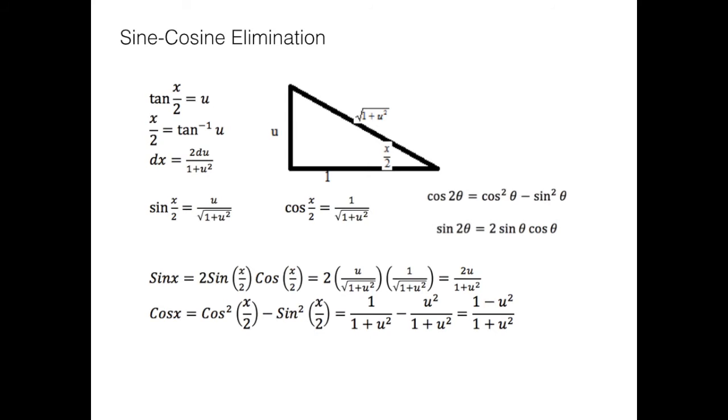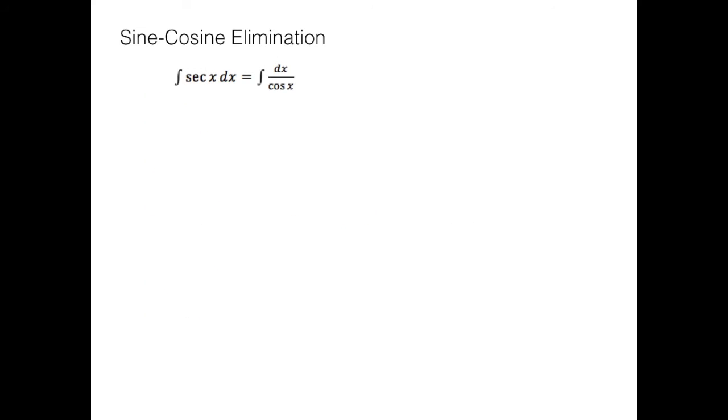But it may seem a bit of a stretch to apply those two integrations. So let's look at an example. Let's look at the integration of secant x dx. Now, before we begin, it should be noted that there are several ways of approaching this integration, and the way we're going to approach it now may not be the way that you approach it when you do it, but we're going to take this approach just to see how we would apply these identities that we've just derived in the previous slide.